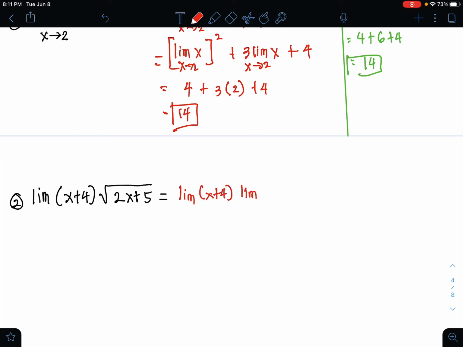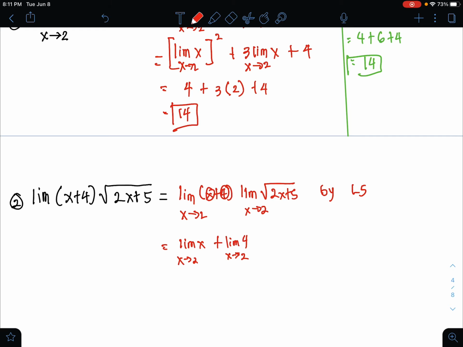Separate this now, right? Don't forget as x approaches 2, as x approaches 2. So by L5. Okay, this is theorem L4. So separate this. Limit of x plus limit of 4 as x approaches 2, as x approaches 2. Okay, this is L1.